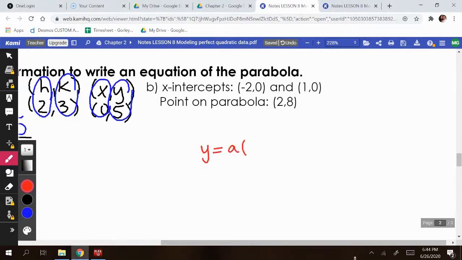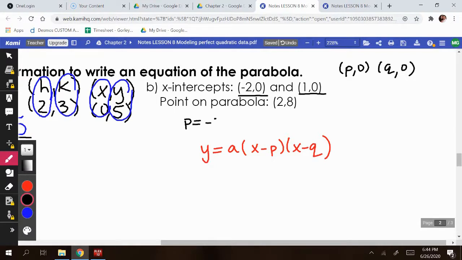It tells me my x-intercepts are (-2, 0) and (1, 0). Remember, x-intercepts are your (p, 0) and (q, 0). So that means p is -2, and we'll say that q is 1.